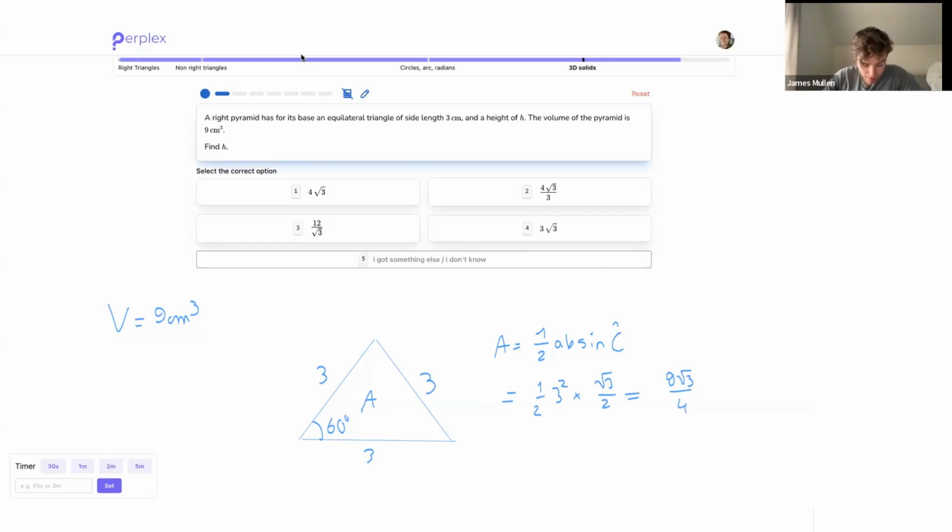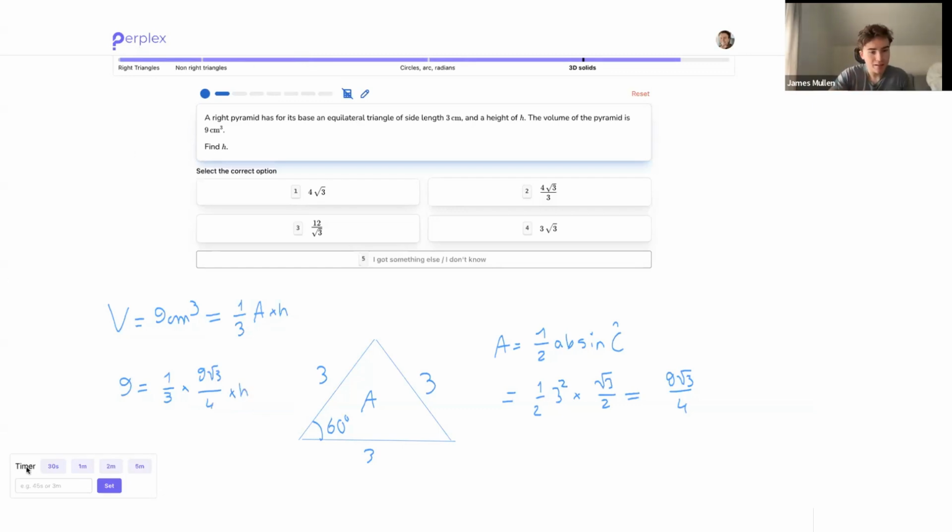And the volume is 9 centimeters cubed, and the volume of a pyramid, remember, is 1/3, sorry, 1/3, not 1/2, of the area times the height. So if I plug that in, I get 9 is equal to 1 over 3 times 9 root 3 over 4 times h.